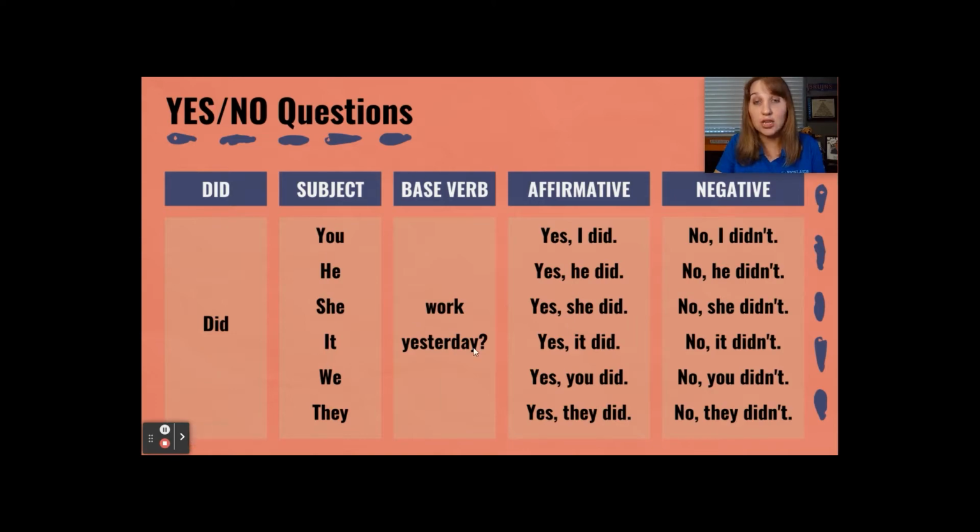Did it work yesterday? Yes, it did. No, it didn't. Did we work yesterday? Yes, you did. No, you didn't. Did they work yesterday? Yes, they did. No, they didn't. A very important remark here is to remember that after the words yes or no, we put a comma.